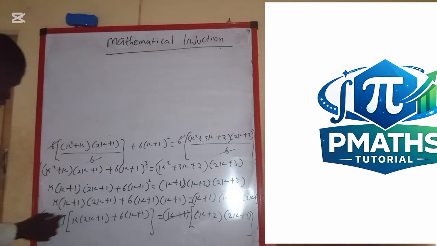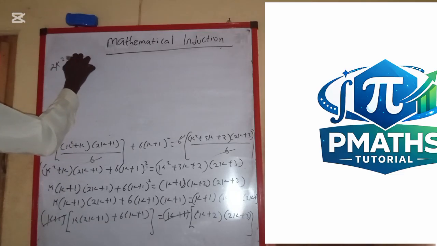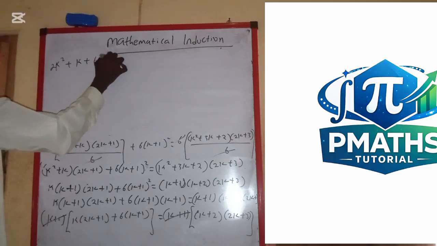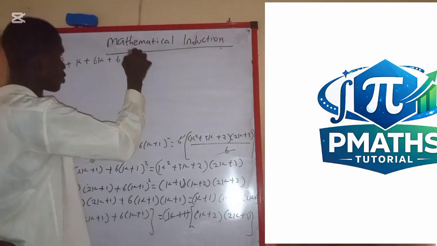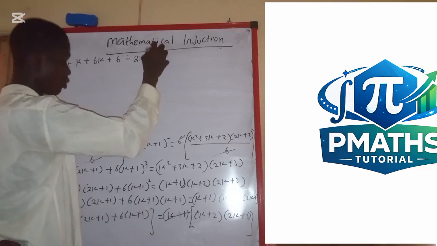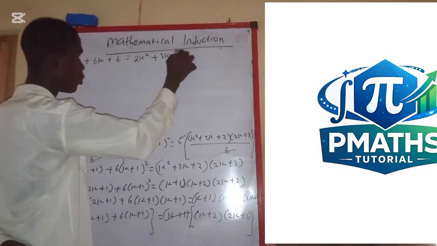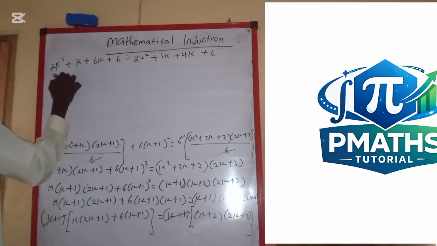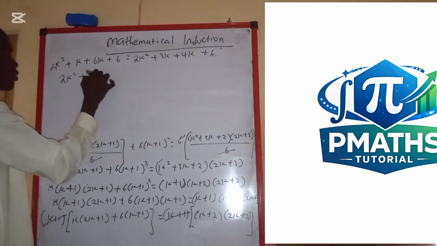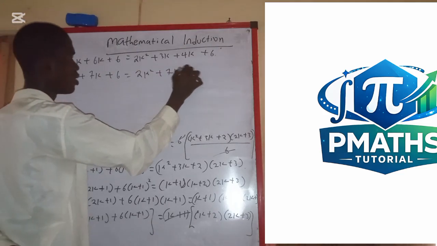So this cancels this. Then, to remain, open the bracket: you have k(2k squared... k times (2k plus 1) plus 6k plus 6. Opening this bracket, you have 2k squared plus 3k plus 4k plus 6, that is 2k squared plus 7k plus 6.